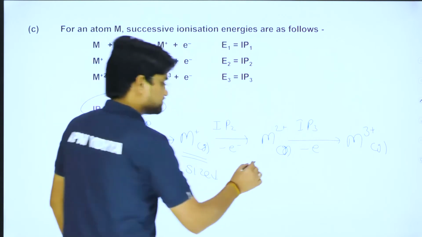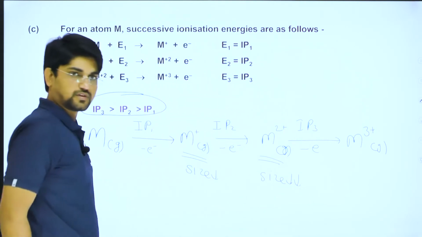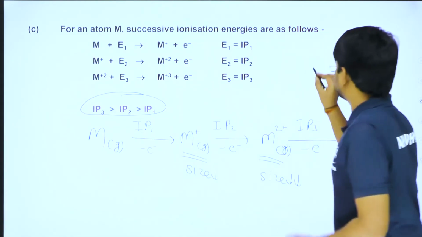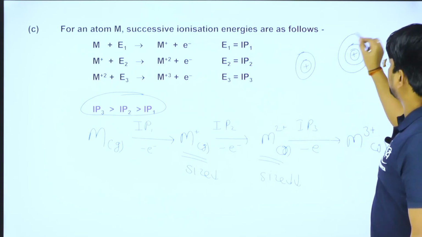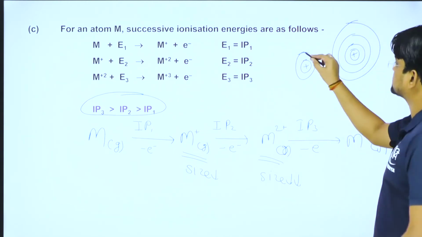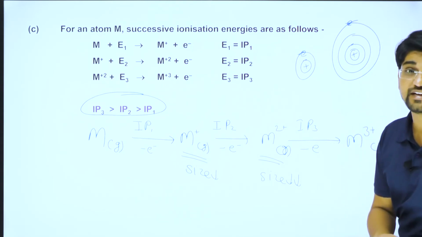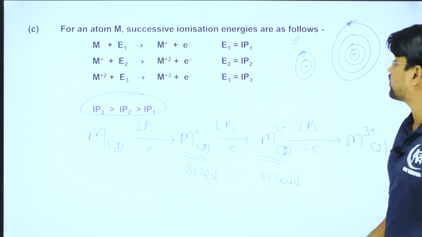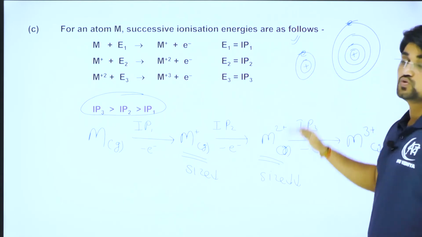Again, we removed an electron, its size decreases more. Now you have two atoms, one small sized and one large sized. You tell me, in which case is more energy required? You can clearly say that this atom is small, so the required energy is higher, because this is closer to the nucleus.